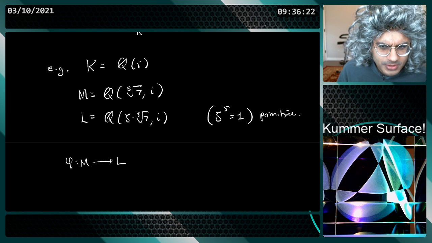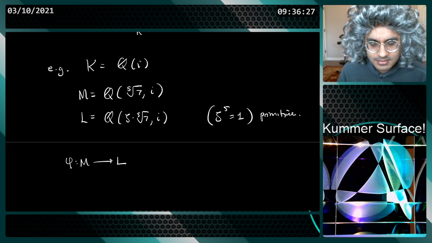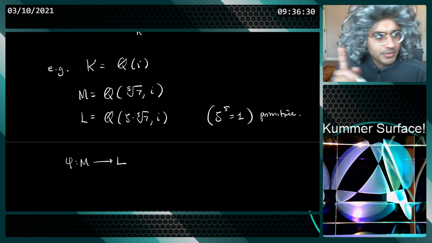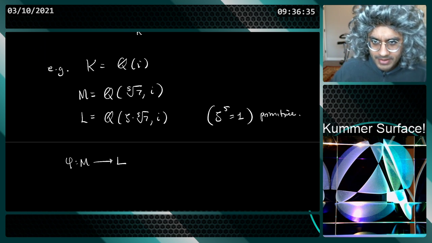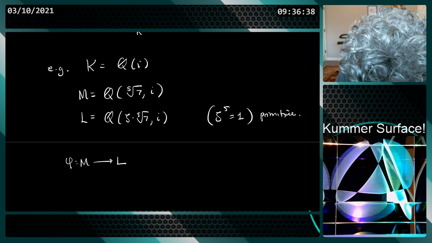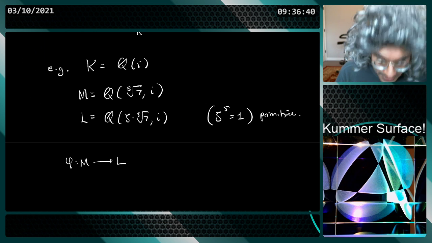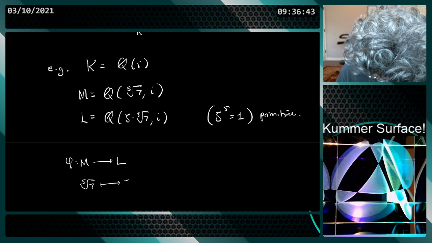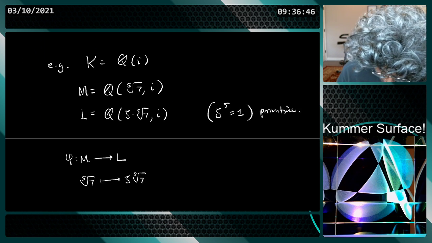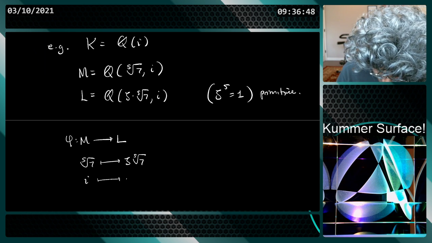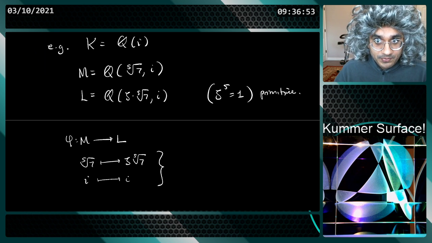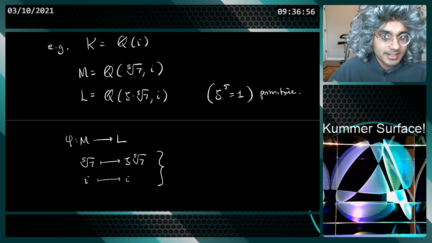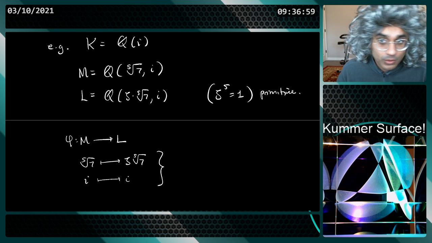It's defined as follows. Now, why is this a homomorphism? By extension lemmas, something I wrote a note about in your notes. What it does to these generators is it sends this thing to that thing, and it sends i to itself. That's not enough to know what it does to the whole field, so you say, extend this in the natural way to a homomorphism on the fields. Why does it extend?